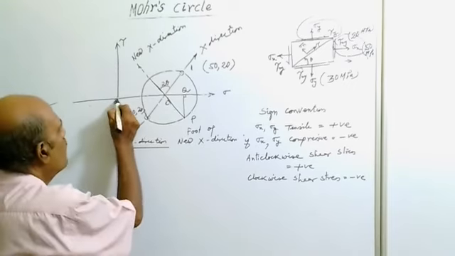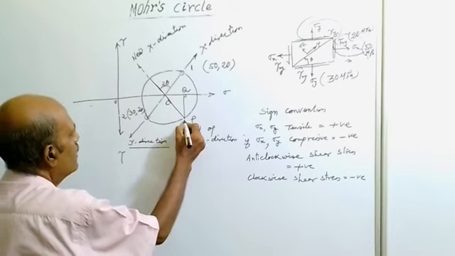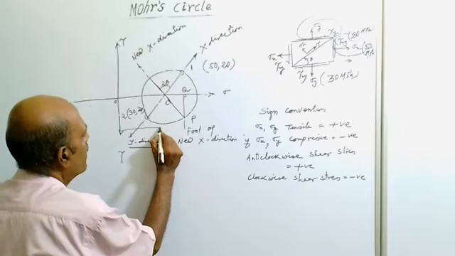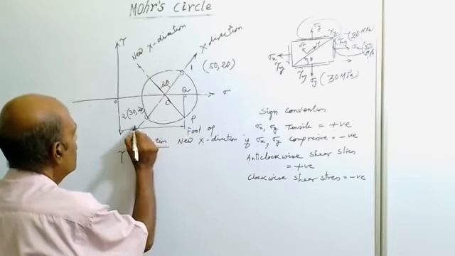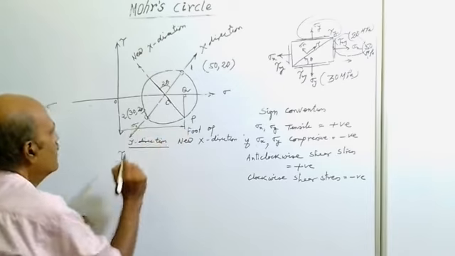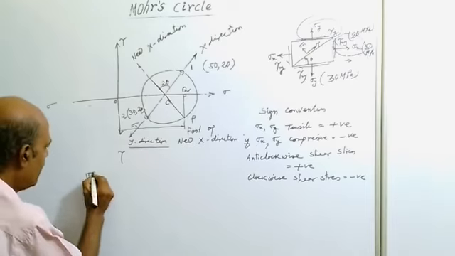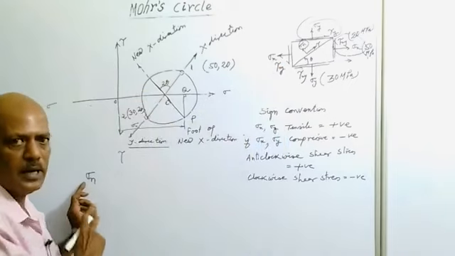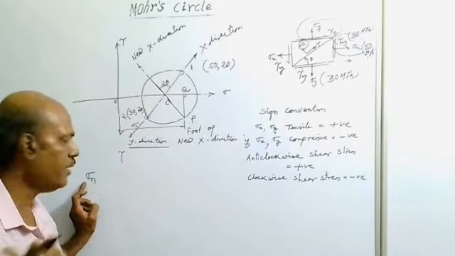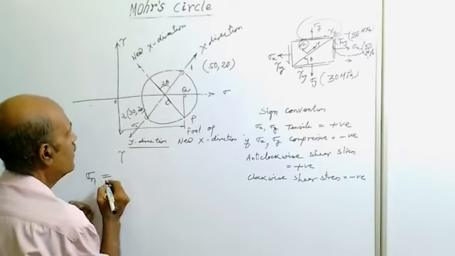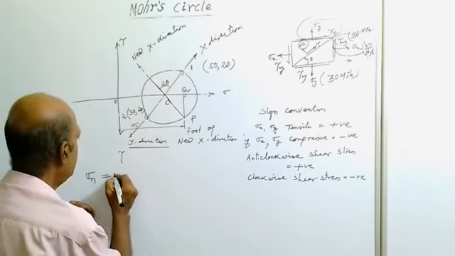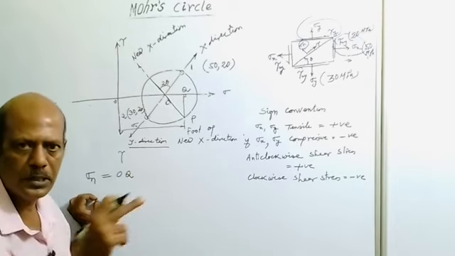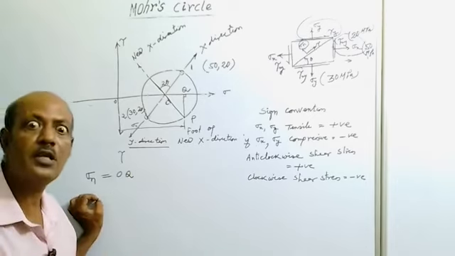Measure the distance from O to Q, that is the OQ distance. So from here to here, measure the distance. So this distance will be your sigma n. So sigma n on inclined plane is given by the distance OQ, from origin to Q point, just measure by using that same scale.